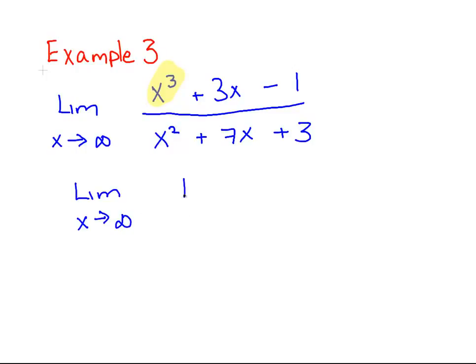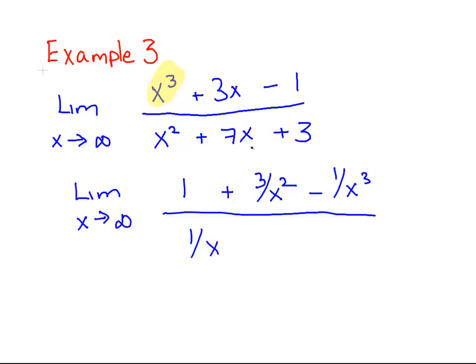We have 1 plus 3 over x squared minus 1 over x cubed, all over x squared divided by x cubed is 1 over x. 7x divided by x cubed is 7 over x squared. And finally 3 over x cubed.